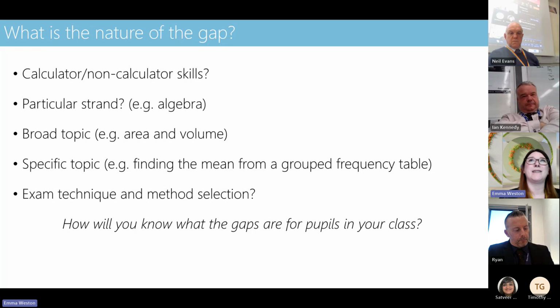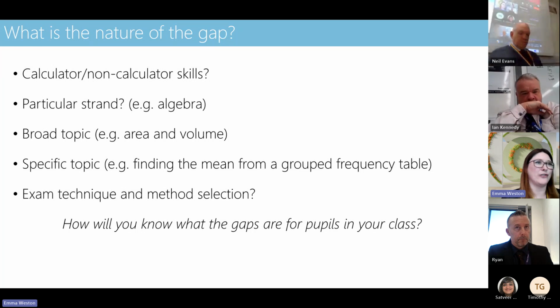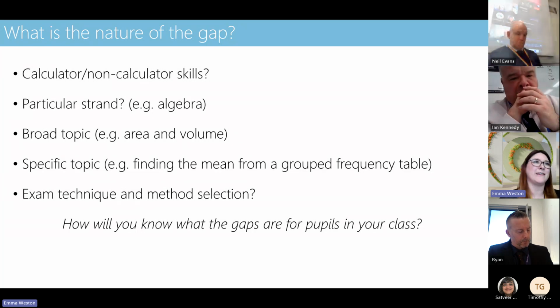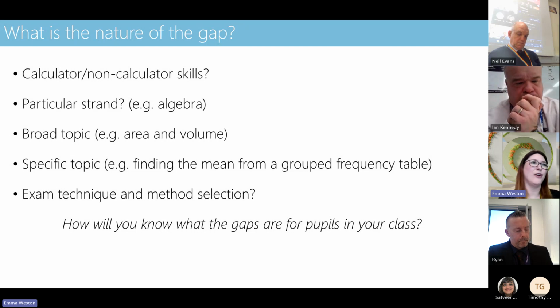But don't discount that teacher observation of what you're noticing with your class in general or with specific pupils. So are there maybe particular pupils where they just haven't got to grips with negative numbers, and actually that's the sticking point for topics that you're working on rather than the topic itself?